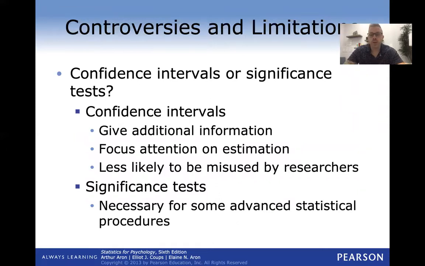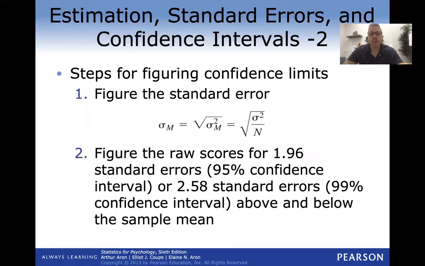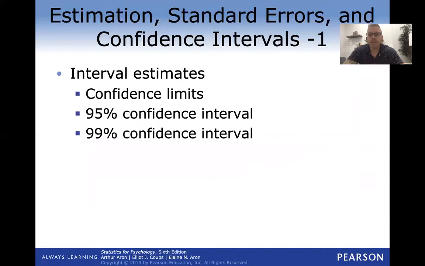So the basis of confidence intervals is that it's creating a spread of numbers, a lower limit and an upper limit. It's creating a range of scores where the population mean can reside, because in most cases we do not know the population mean.